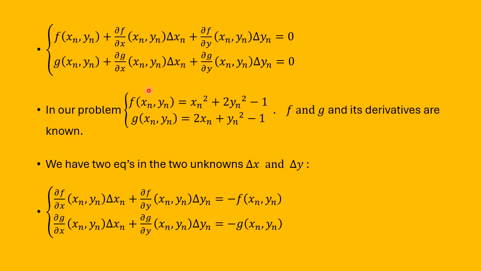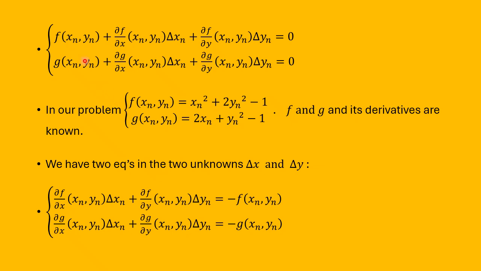In our particular problem with the two ellipses, f(xn, yn) is xn squared plus 2yn squared minus 1. g(xn, yn) is 2xn squared plus yn squared minus 1. And if we think about it for a minute, we have these formulas for f and g.